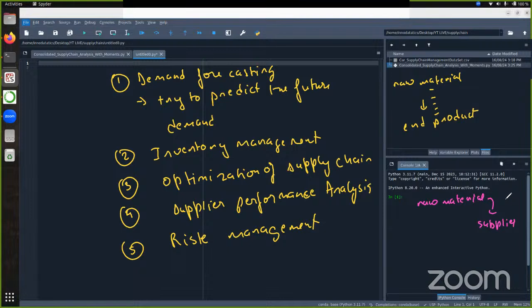And again, this is logistics. What are the logistics involved in moving the raw material to the supplier? Again, from the supplier, it will go to our manufacturer, who's responsible for creating the product itself.